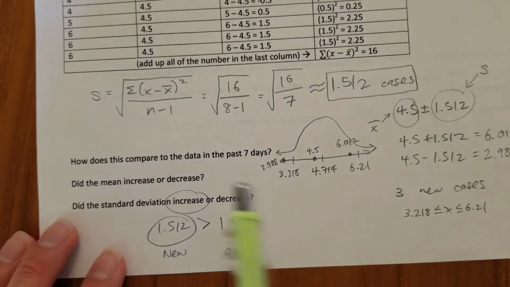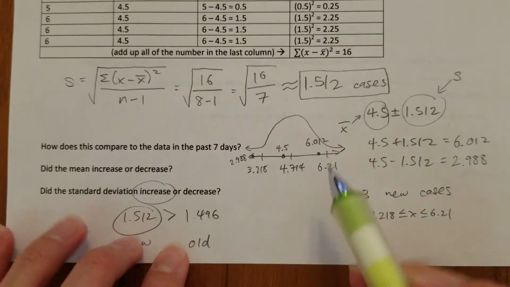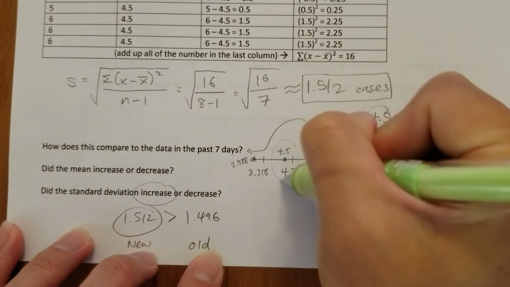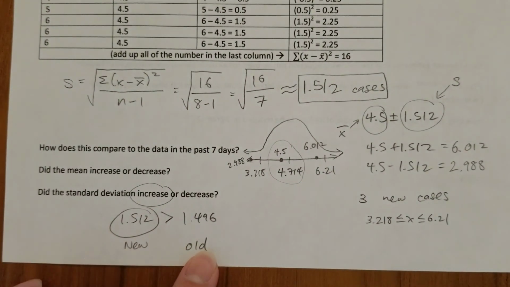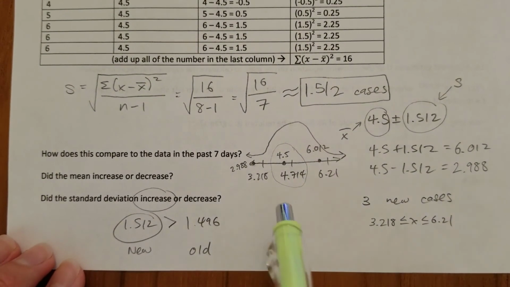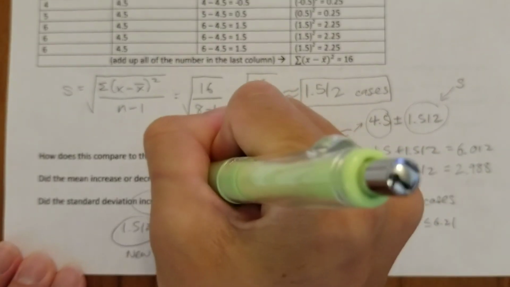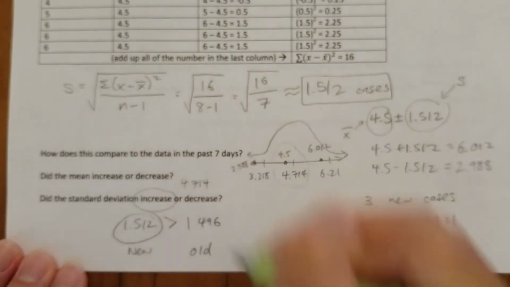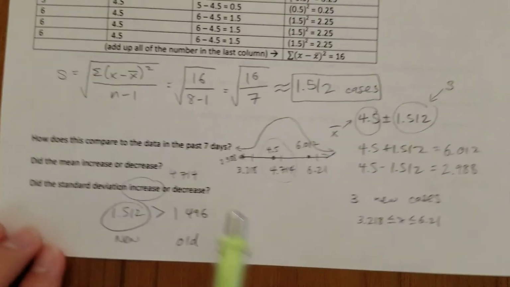If you look at the mean here, these are the values for the average. So does the mean increase or decrease? We started off with 4.714 cases per day.